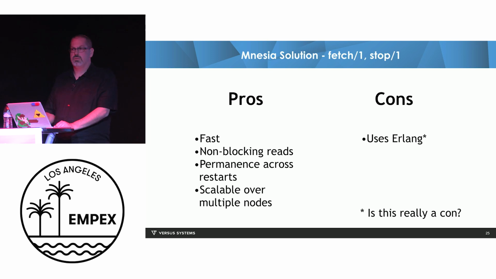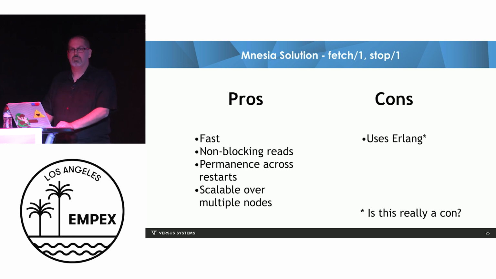So you can run all of your writes through transactions if you wanted, but if you wanted to do reads and not have to worry and make sure you get them as fast as possible, you can do a dirty read, which will just go straight off of the memory and it won't do any verifications or wrap it in a transaction or anything. You get permanence across restarts by using the disk copy option, and you can scale it out over any number of nodes within reason.